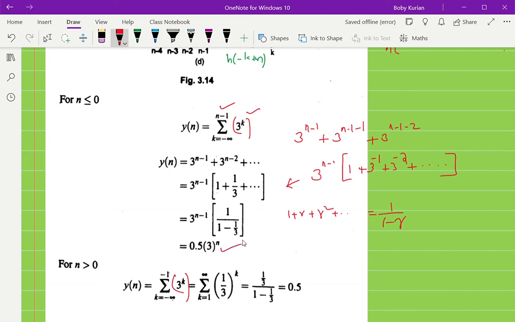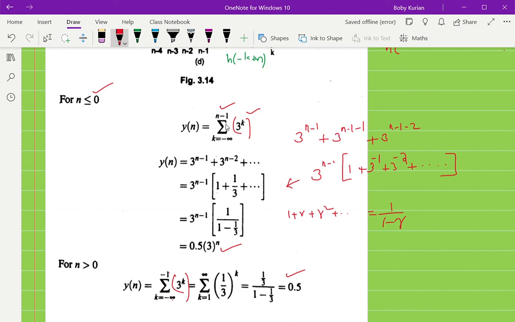When we simplify, the second signal from minus infinity to minus 1 can be put as 1 to infinity of 1 by 3 raised to k. So that will be equal to 1 by 3 divided by 1 minus 1 by 3, which is equal to 1. So depending upon this value of n, we shift the second signal to the right or to the left. If shifted to the left, when n is less than 0, the range of both signals will be only from minus infinity to n minus 1.